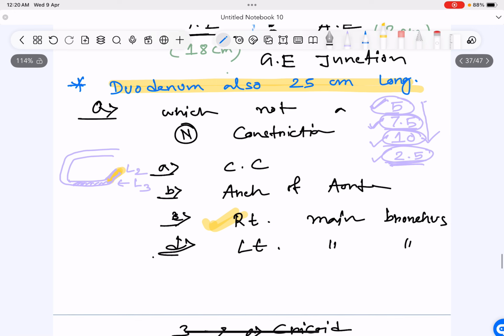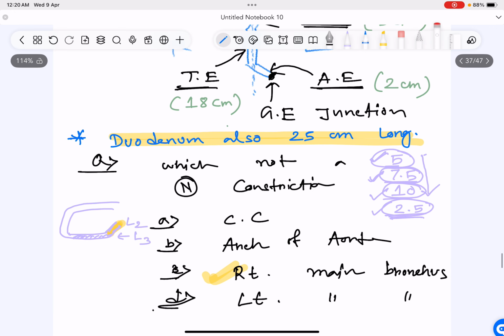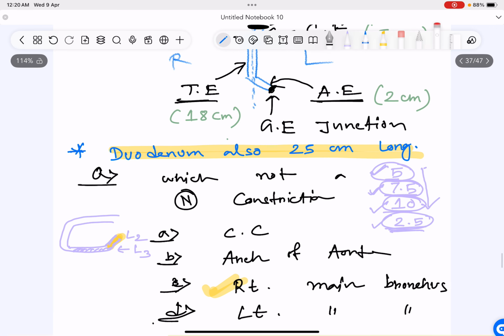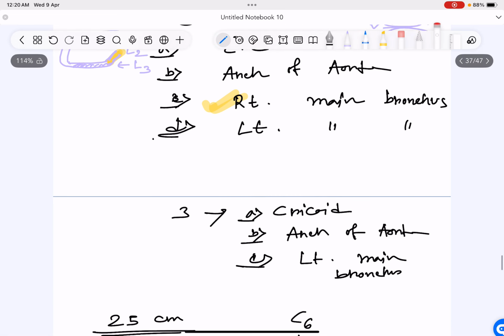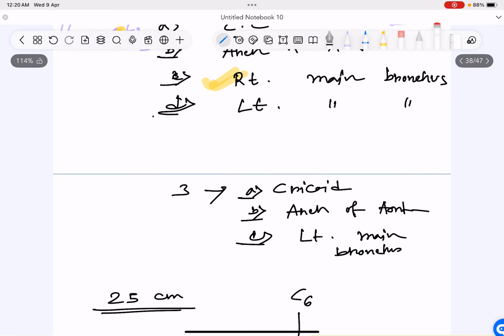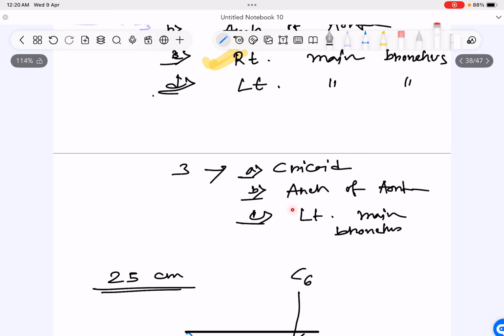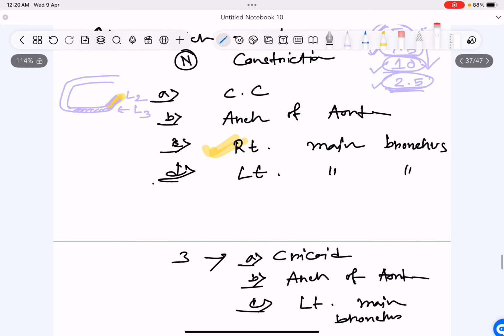Now coming back to the question, which of the following is not a natural constriction of the esophagus? The esophagus has the first constriction at the level of the cricoid cartilage, the second at the arch of aorta, the third at the level of the left main bronchus. So the answer is right main bronchus is not a constriction.